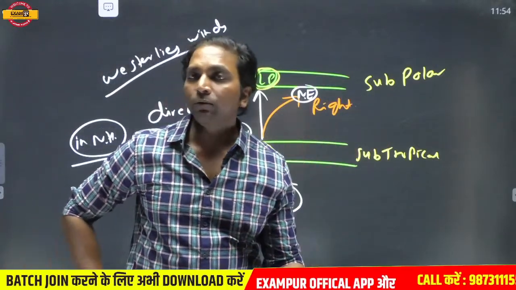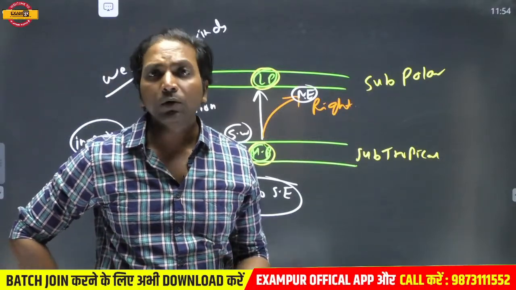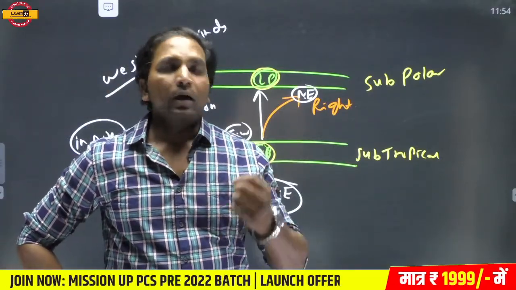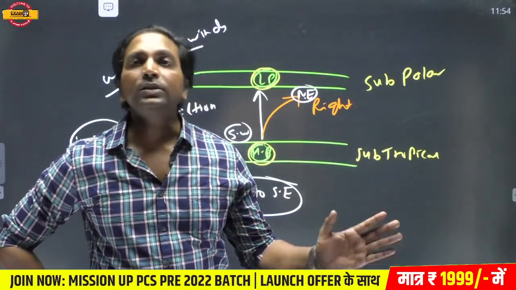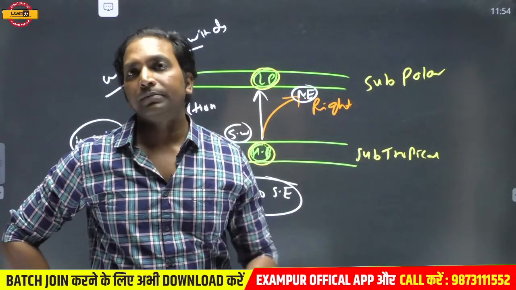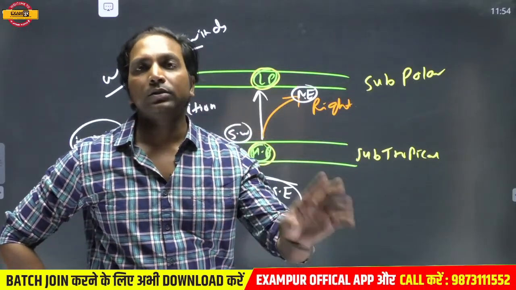These are warm winds that collect moisture while blowing above the Pacific or Atlantic Ocean, and then produce rainfall on the western side of the continent.